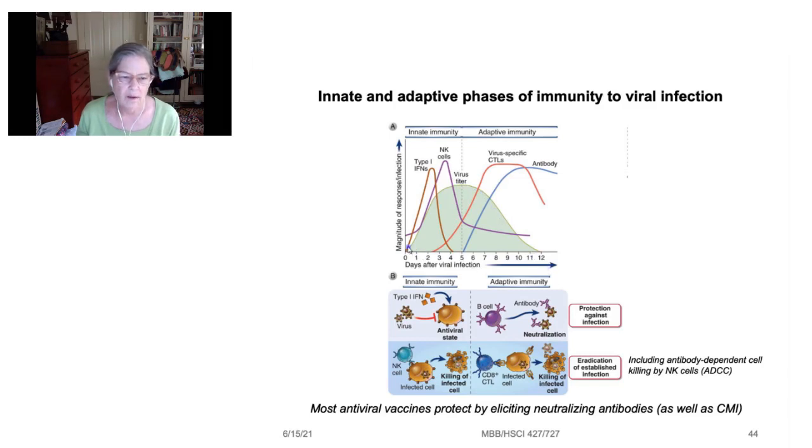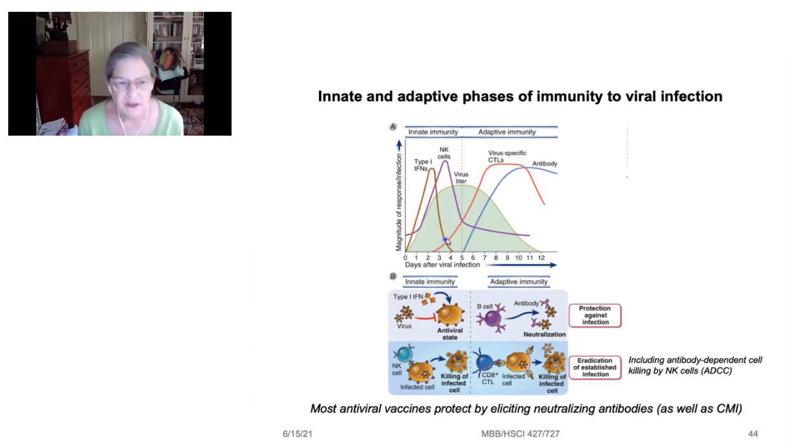So the point is the innate immune response is super important. What you want, and this is exactly what the RNA vaccine and the adenovirus vaccine do, is make your cells think there's a viral infection, and as a result, those vaccines or an actual viral infection will cause a type 1 interferon response.